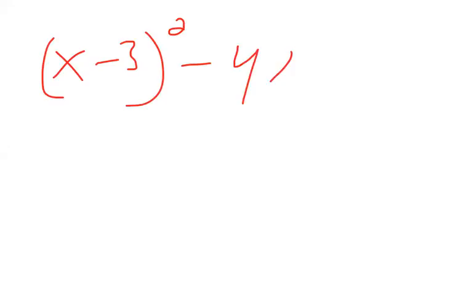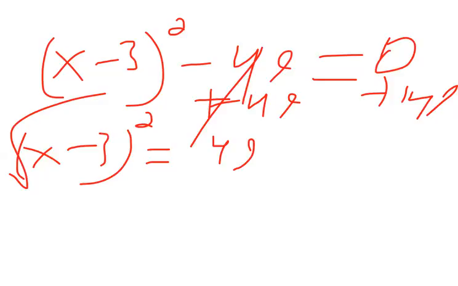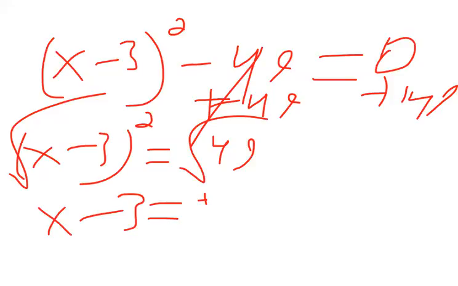Okay, let's solve for x again, zeros. If you have (x minus 3) squared minus 49 equals 0, I'll set it equal to 0 because that's how zeros work. Add 49 to both sides. So (x minus 3) squared equals 49. I can already see the square root coming. So x minus 3, again this is important, is plus or minus 7.